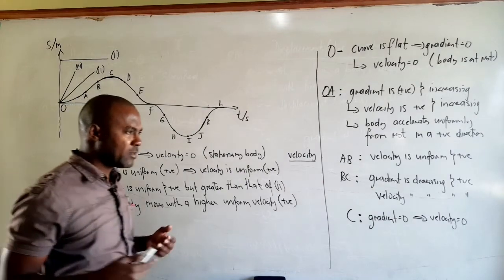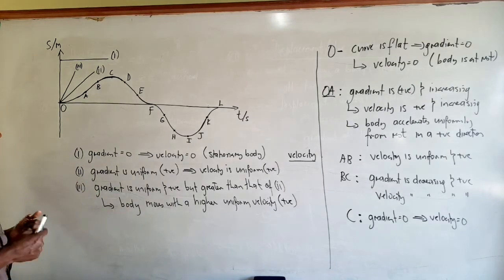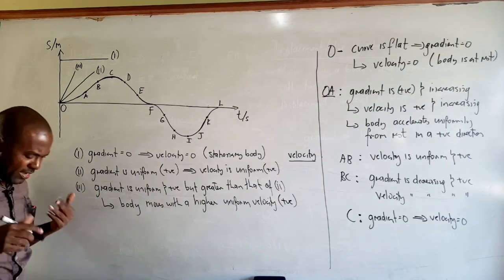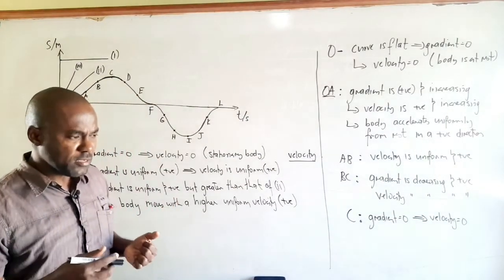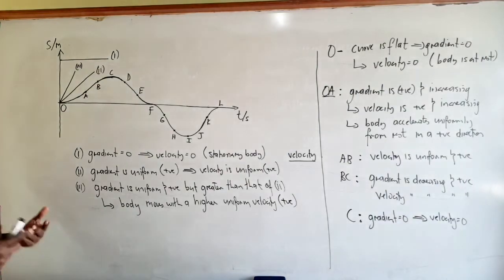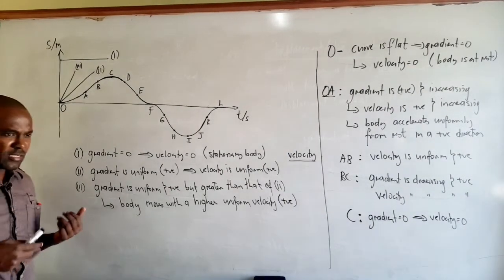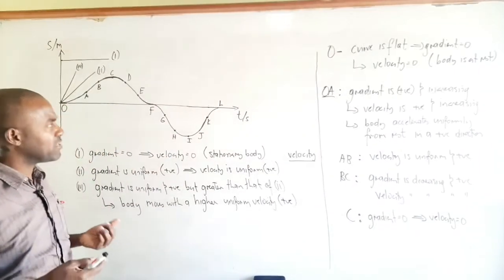Now let's examine what happens beyond C, right? And this is where it may start to get a little bit tricky, right? So we know that basically at C, the body is momentarily at rest. Now if a body is at rest, then it can only increase in speed from rest. Its speed can only increase from rest, right? It cannot decrease.